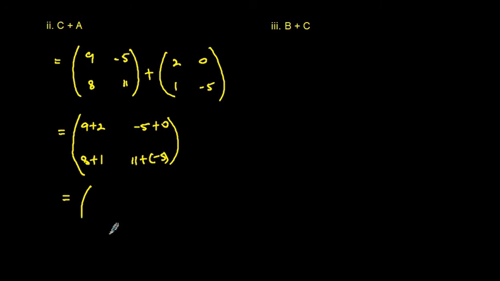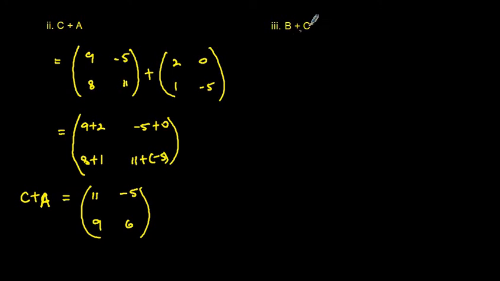This will be equal to 9 plus 2, 11, minus 5 plus 0, minus 5, 8 plus 1, 9, and 11 plus minus 5 is basically 11 minus 5, because the addition being next to the subtraction sign will change them to subtraction. So that would give us 6. So this is C plus A.